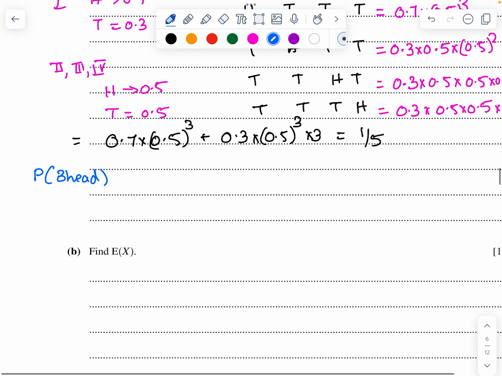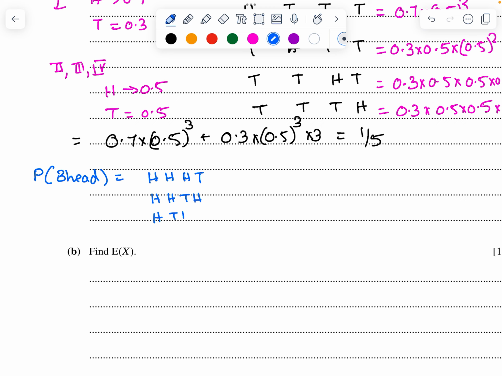3 heads. So what am I going to do? Head, head, head, tail. Head, head, tail, head. Then head, tail, head, head. And tail, head, head, head. So I'm going to get it 4 ways.